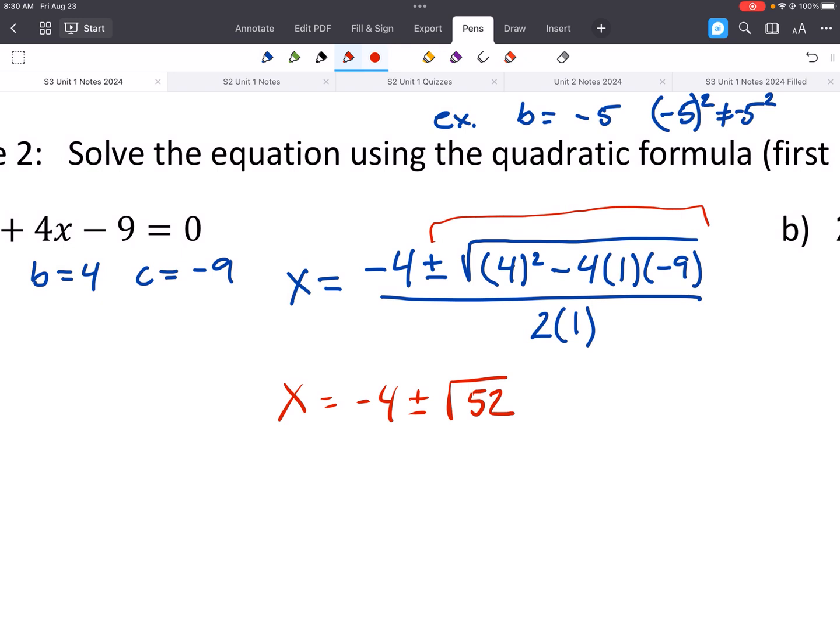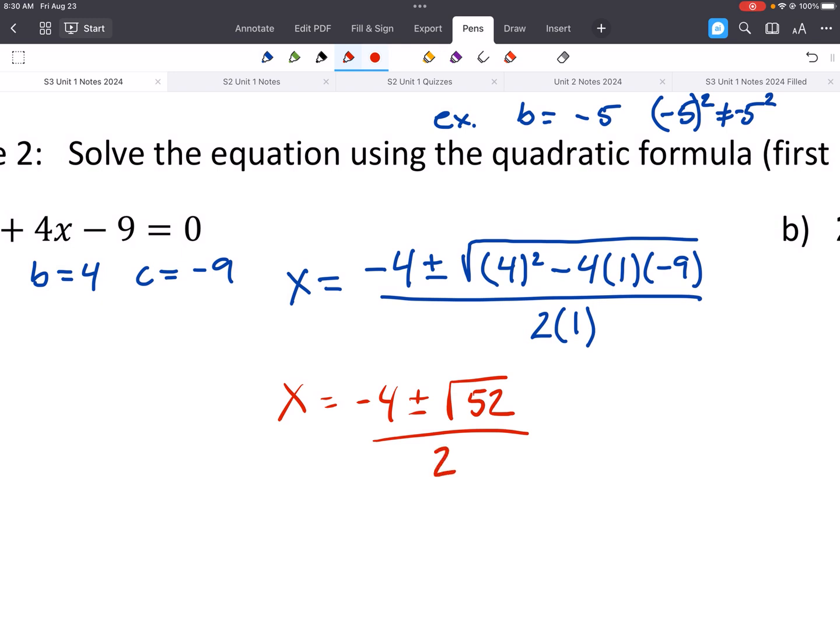It's just plus or minus 0 isn't going to change anything. So you're going to end up having one solution, okay? And if you get a negative for your discriminant, so what's inside is negative, you're going to end up getting a complex solution, meaning we'll have imaginary in it, right?